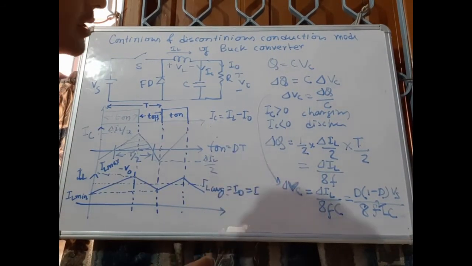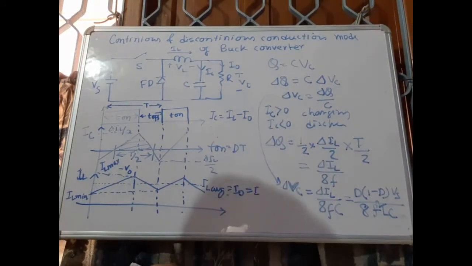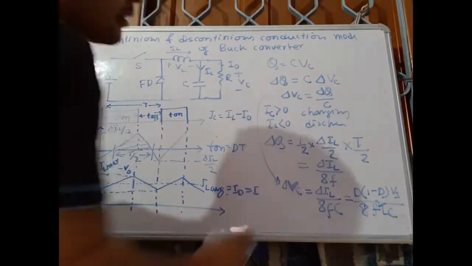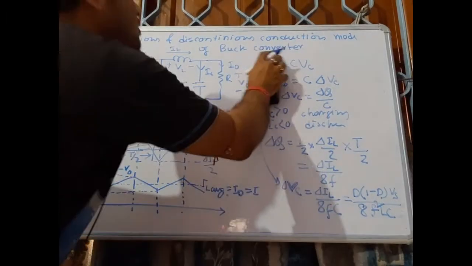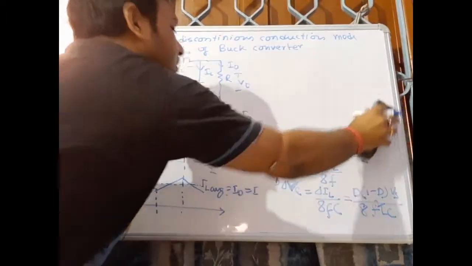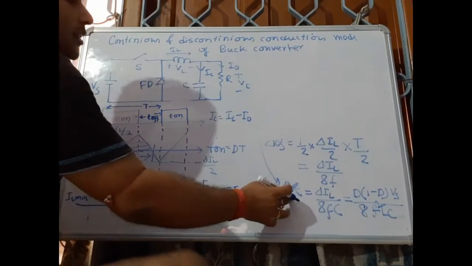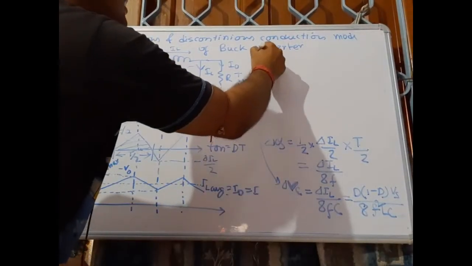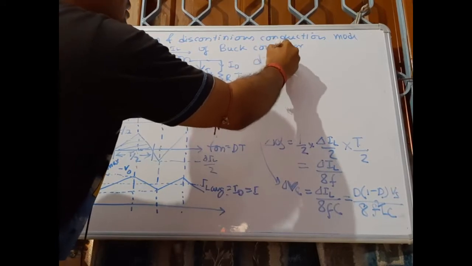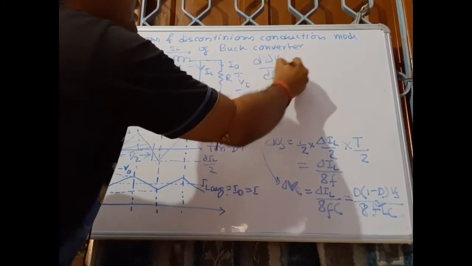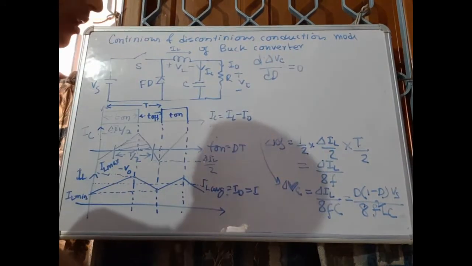Now the question is, what is the maximum value of ripple voltage? So we have to take the derivative. d of ΔVc divided by dD is equal to 0.